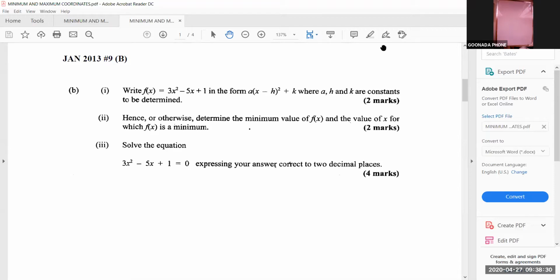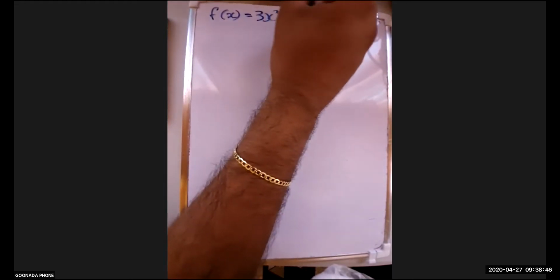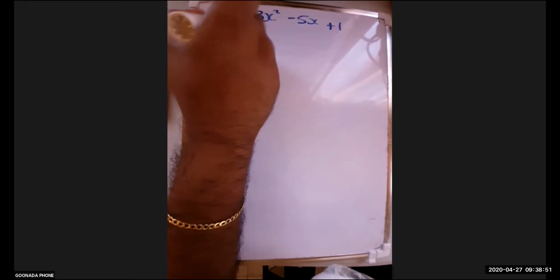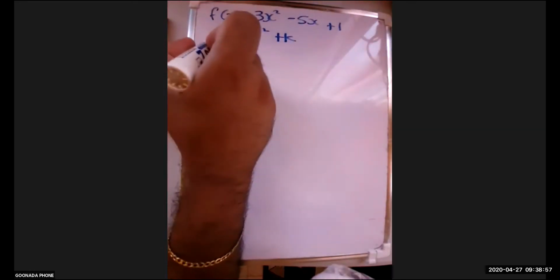Okay, I'm going to correct now, right? So the question says f of x is equal to 3x squared minus 5x plus 1, and we're asked to express it in the form a into x minus h squared plus k. So let's determine what is our a value.